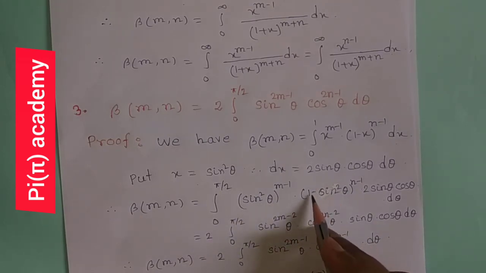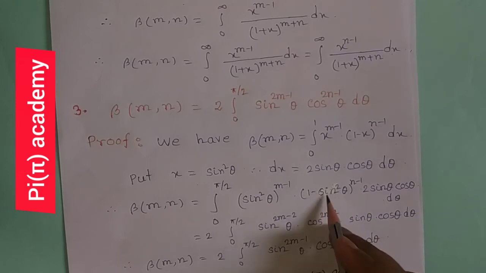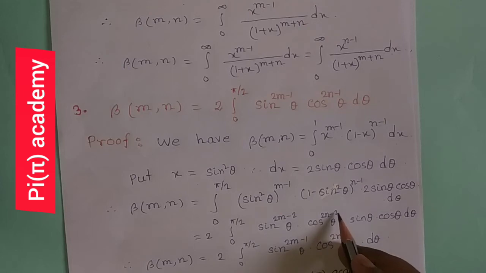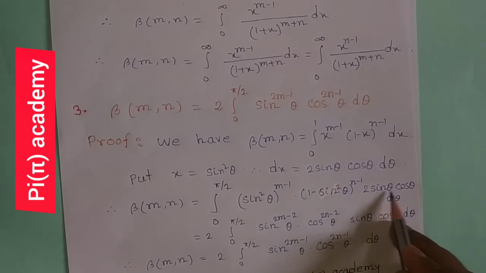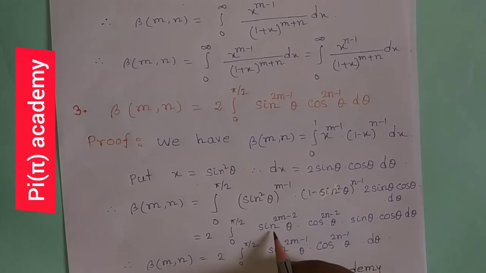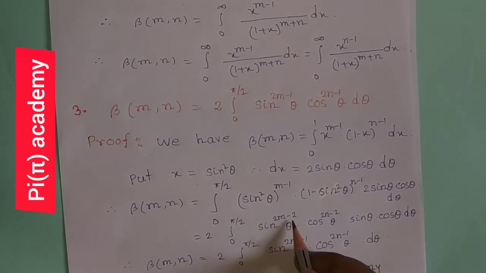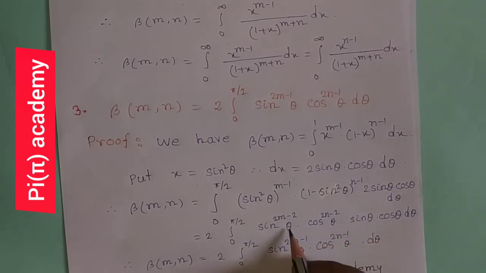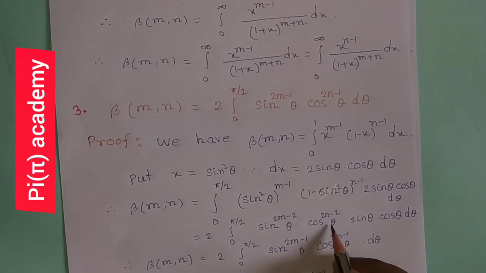Similarly 1 minus sin square theta is cos square theta, and 2 and n minus 1, that is cos to the power 2n minus 2 theta, and here is sin theta into cos theta d theta. Here sin to the power 2m minus 2, and here is sin theta whole to the power 1. Therefore we can get sin to the power 2m minus 1 theta, and similarly from this and this cos to the power 2n minus 1 theta d theta.